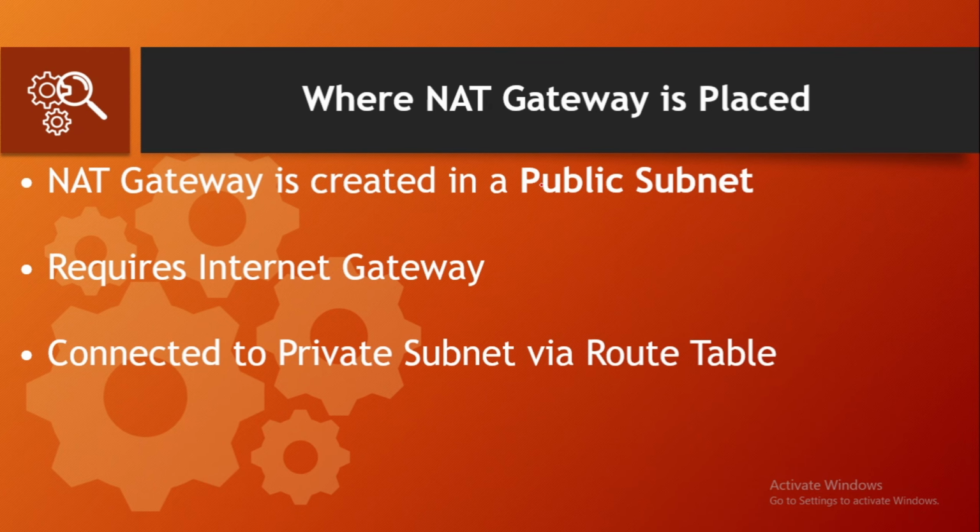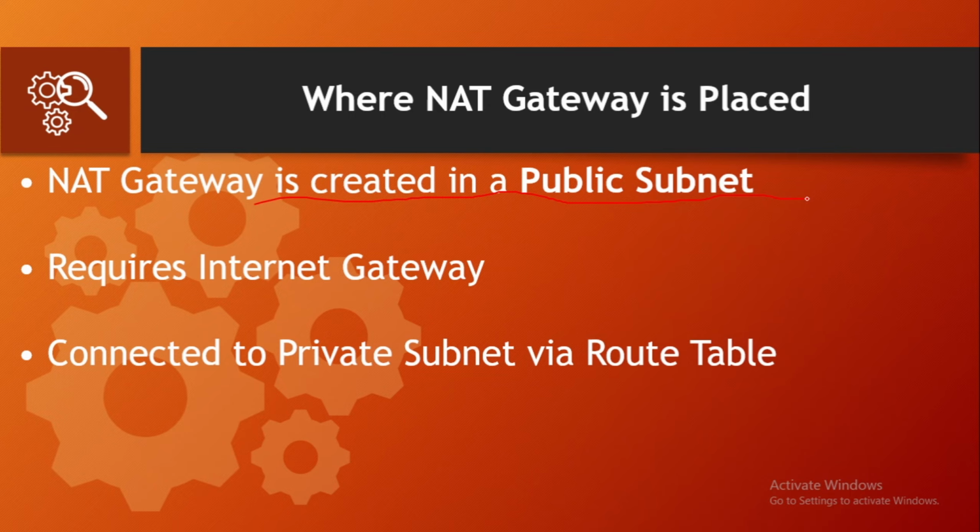Now let's talk about where we place NAT gateway. I already told you before, NAT gateway is created in a public subnet if we choose the option for subnet. So the question here is why we place NAT gateway in a public subnet? Because it needs access to the internet.